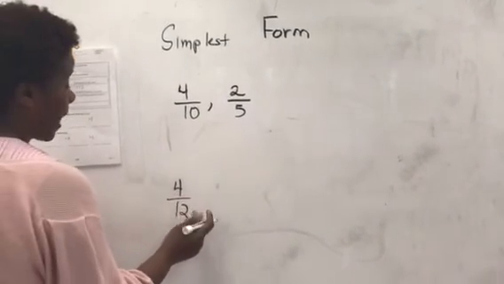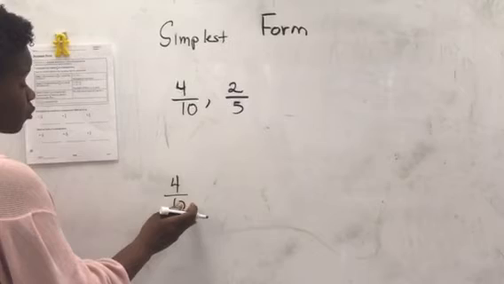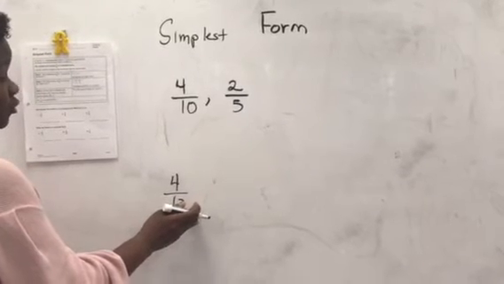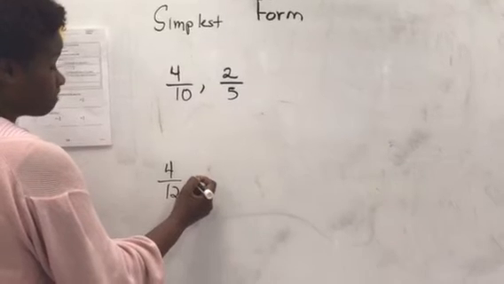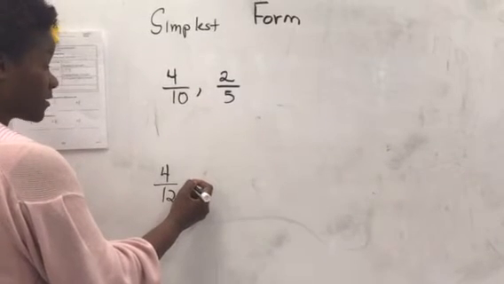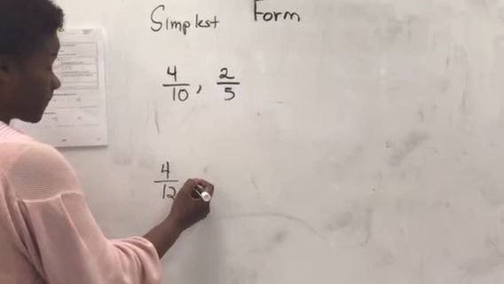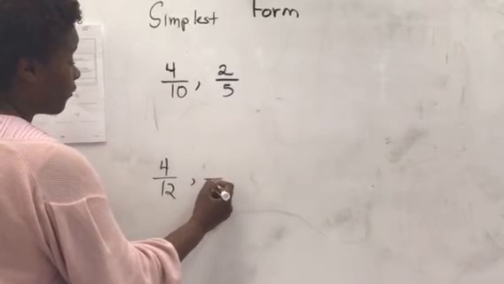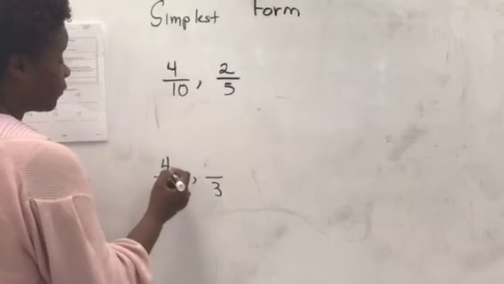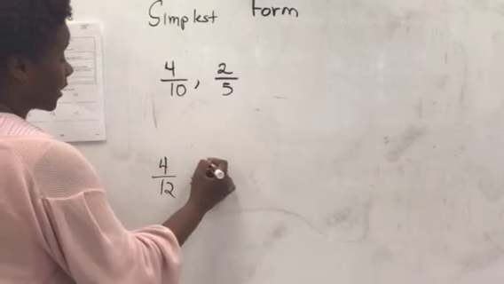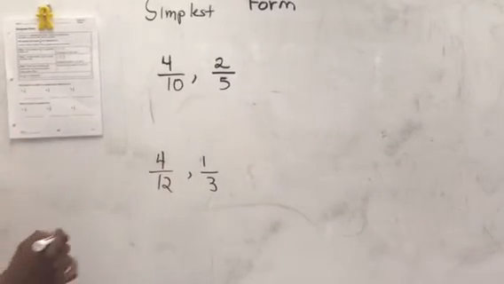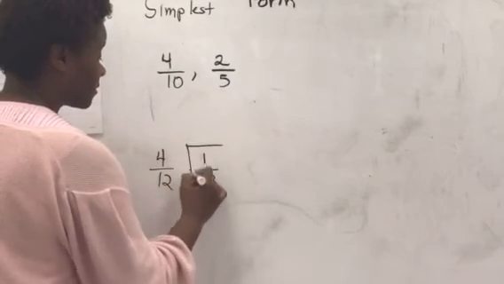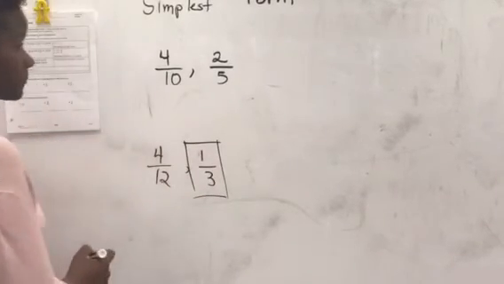In other words, what number can go evenly into 12 and 4? That number would be, well, 2 is correct, but it would also be 4, because 4 can go into 12 3 times, and 4 can go into 4 evenly 1 time. And so therefore, I have 1/3 as my simplest form.